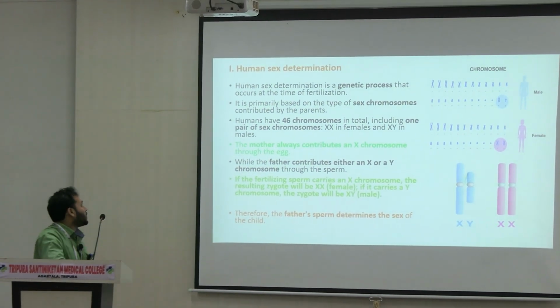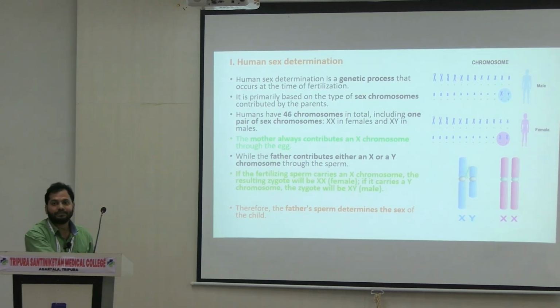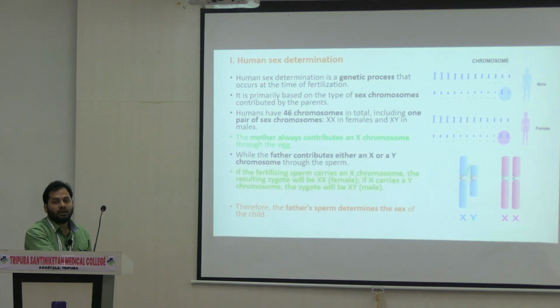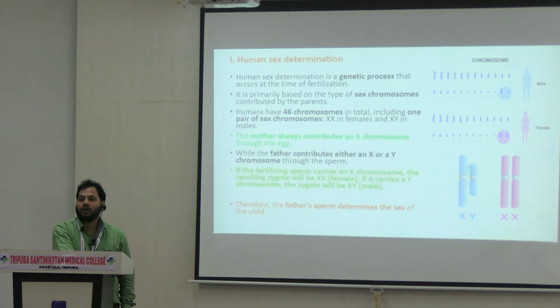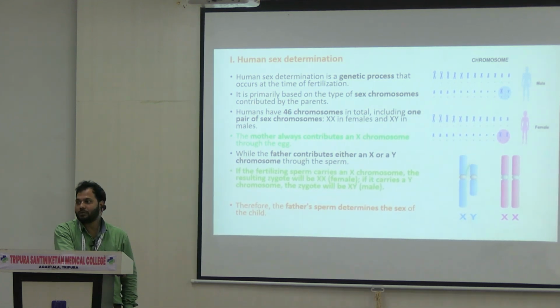You can see here, human sex determination is a genetic process. In that process, there is a transfer of a specific gene or chromosome from the parents to the offspring generations.